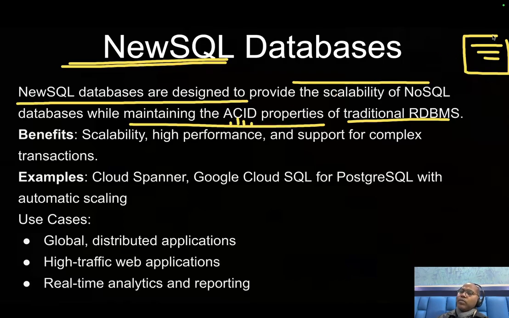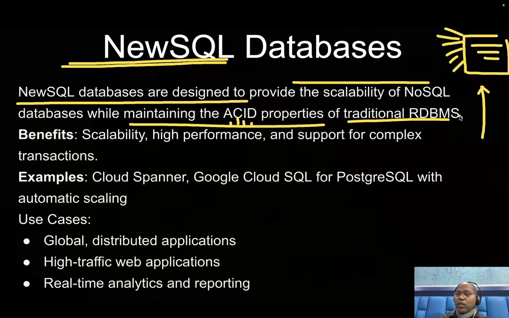So sometimes you want the benefit of NoSQL, a flexible schema kind of database, but you still want your data to support a transactional system with ACID properties, like a relational database supports.